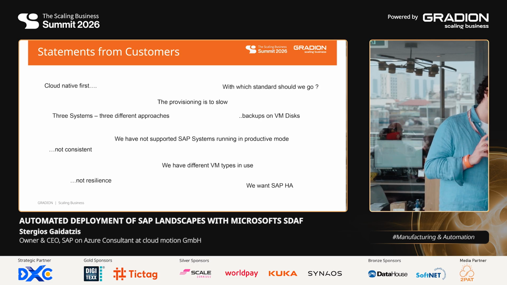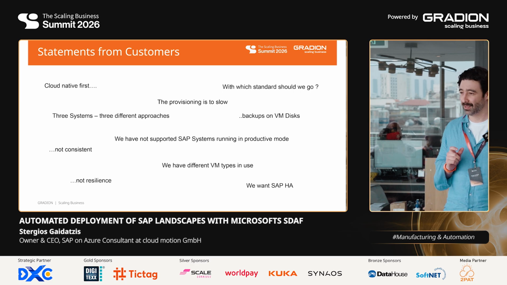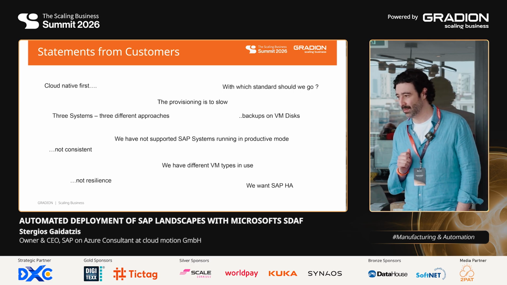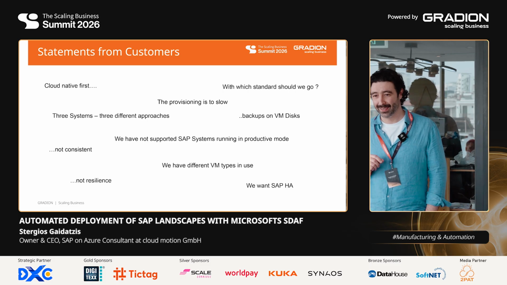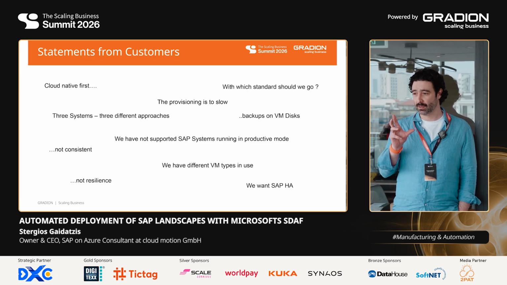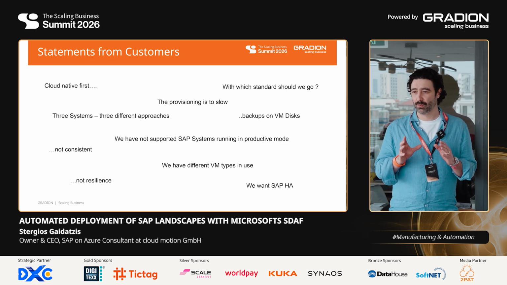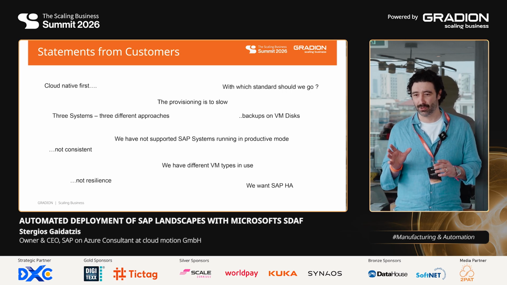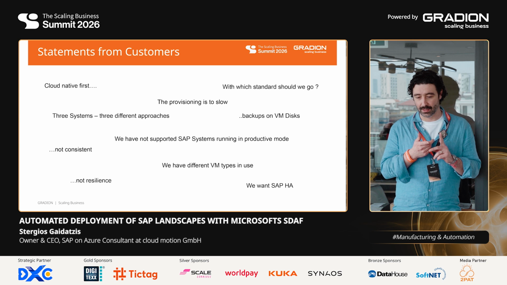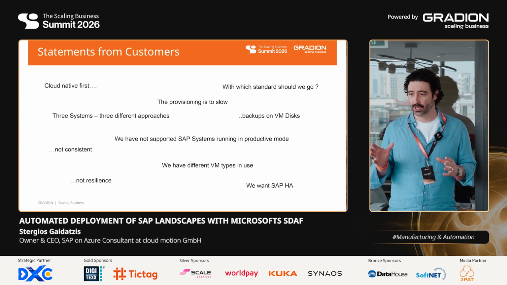Also, a very common statement: we have unsupported subsystems running in non-productive mode. This is also a very dangerous topic, because if SAP looks at the system and sees you have unsupported disks on it, for example, everything for HANA data, log, and HANA shared is on premium storage, everything is fine.